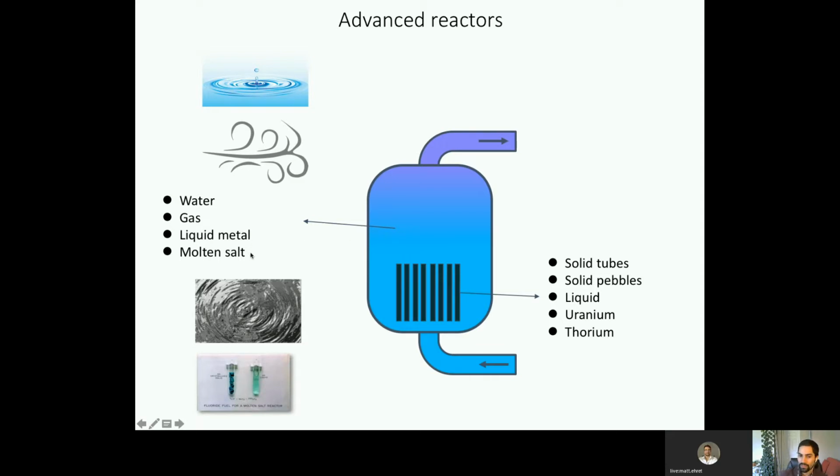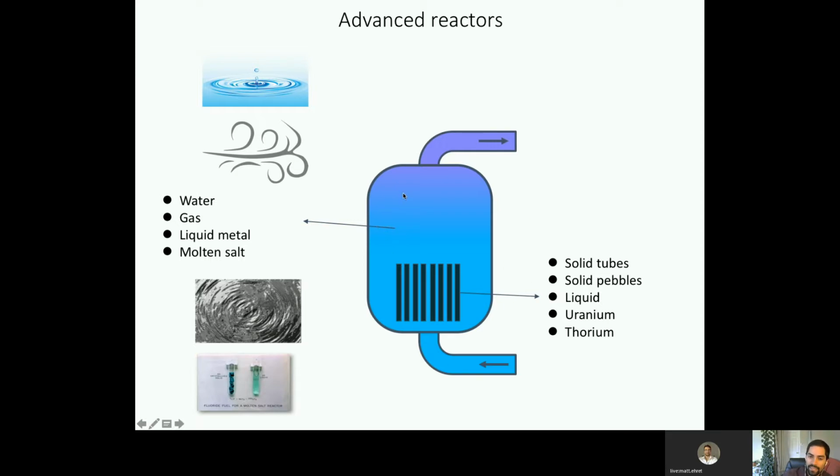It can be a molten salt. And the fuel itself doesn't have to be tubes. It can be pebbles, or it can even be liquid. Also, it doesn't have to be uranium. There's another nuclear fuel called thorium. It is more abundant than uranium, but it's more complicated to use because we need those types of advanced breeder reactors.